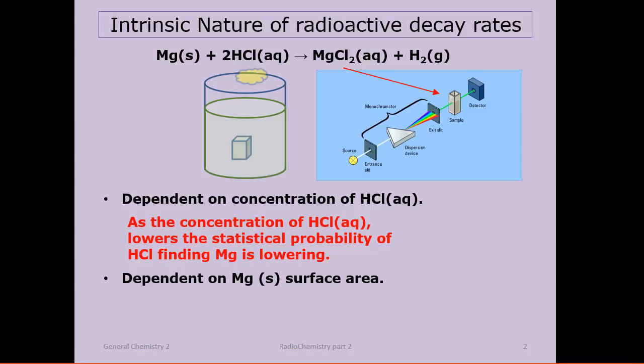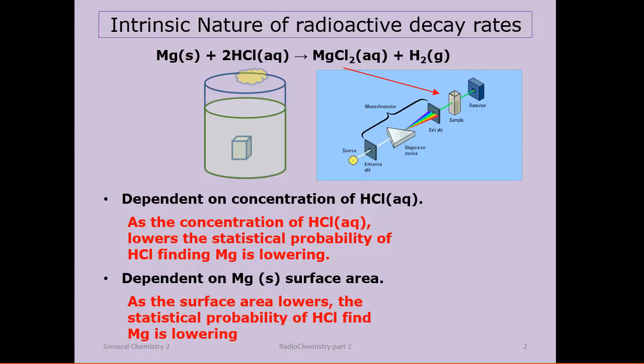So certainly surface area is not really an intrinsic value of magnesium, because I could change that with a hammer or by putting it in a press. But you can imagine that as the surface area is lower, probability of HCl finding the magnesium is getting less and less, so the reaction could slow down, or if you increase the surface area, you could speed it up.